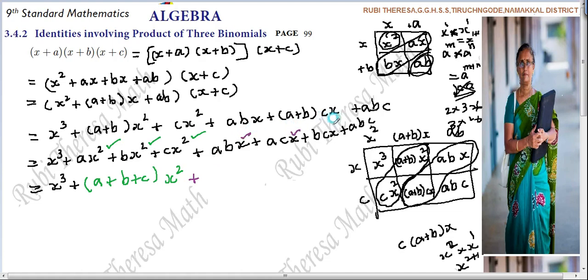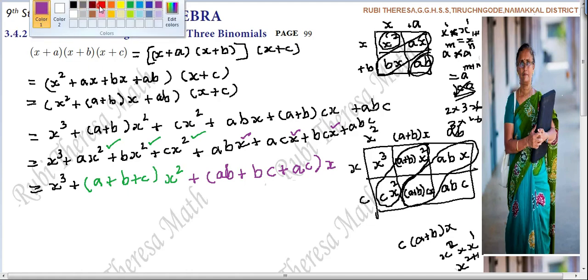X is common. So, AB plus, எதை எடுத்துக்கலாம் first? Which one you can take it better? BC. AB plus BC plus AC or CA. எப்படி வேணாலும் சொல்லலாம். புரியுதுங்களா? Either you can say AC or CA. Into X. Next one is what?